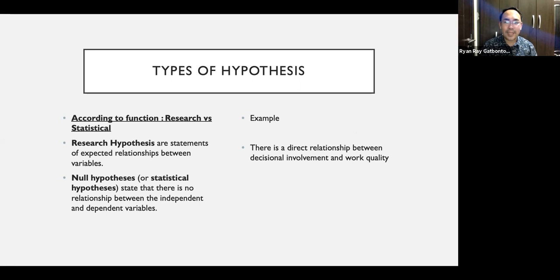But if you state it as there is no direct relationship, you are actually stating a null hypothesis or a statistical hypothesis.